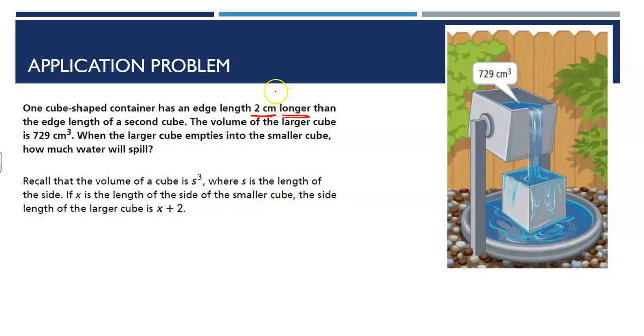And this is my top one right here, because that's the bigger one. Then the edge length, which I don't know, so I'll just call it x, of the second cube. Anytime I don't know it, I just call it x. The volume of the larger cube is 729 centimeters cubed. Oh, well, that's handy. Okay, we know how much that one is. So when the larger cube empties into the smaller cube, how much water will spill?